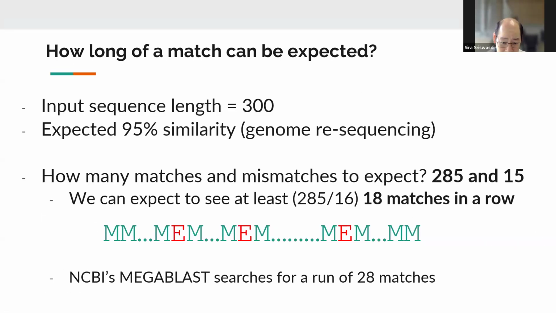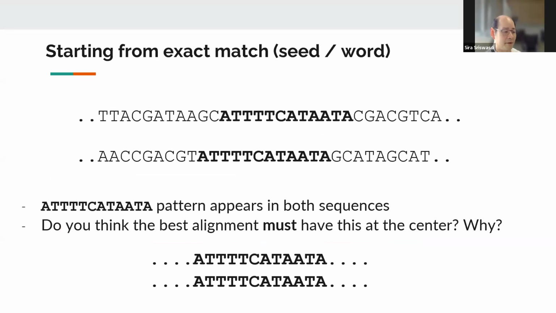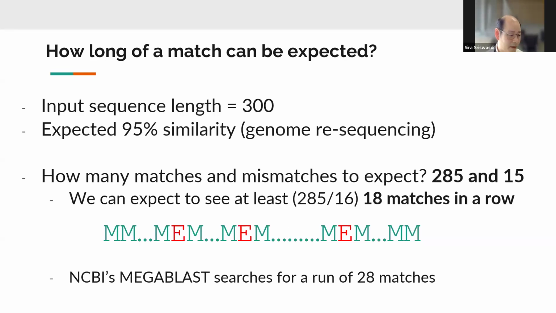Okay, I think I changed the order of the slides. But anyway, up to this point we have an intuition that if we have two sequences and we have certain expectations about their similarity, then we have some expectation about the length of perfect matches, and this can be calculated.